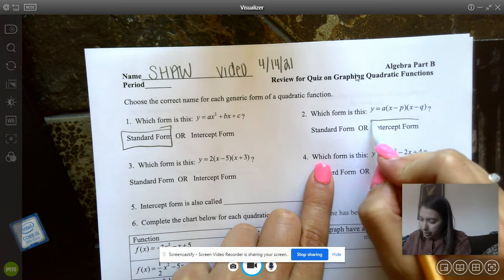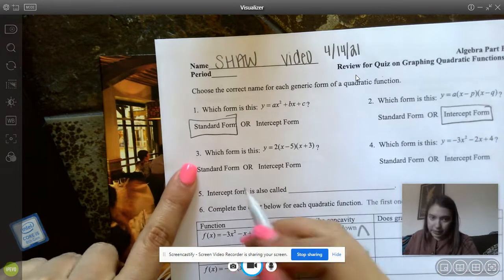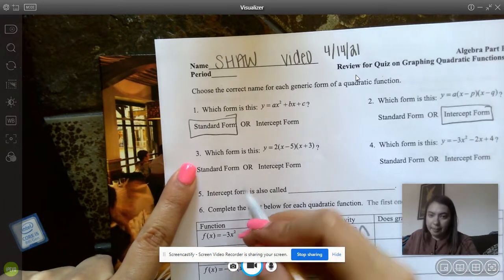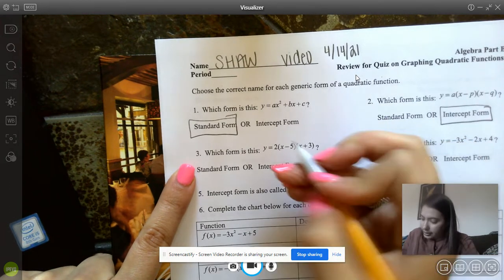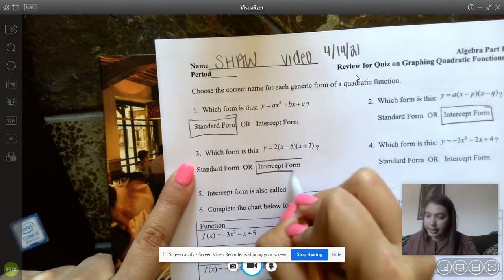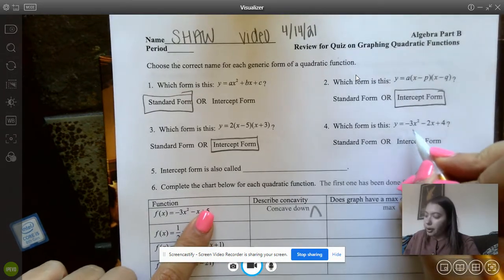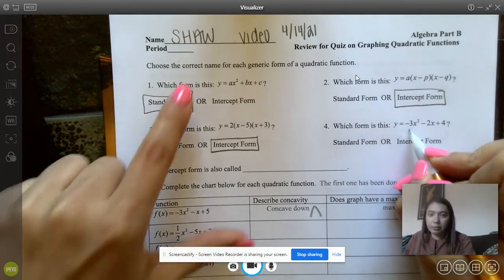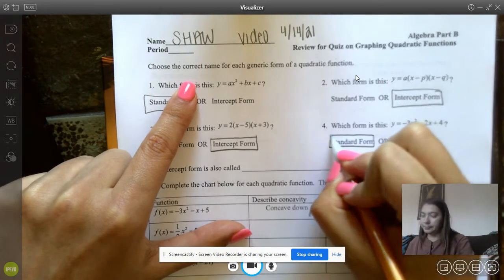This is written in intercept form. Example problem number 3 matches what we see in example problem number 2. Therefore, example problem number 3 is in intercept form. And example number 4 matches example number 1, so therefore this is in standard form.